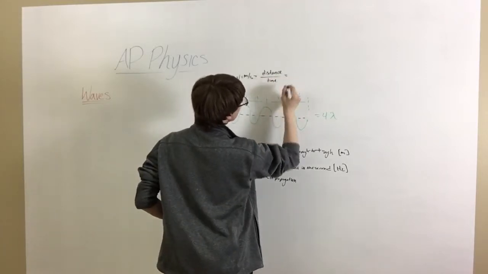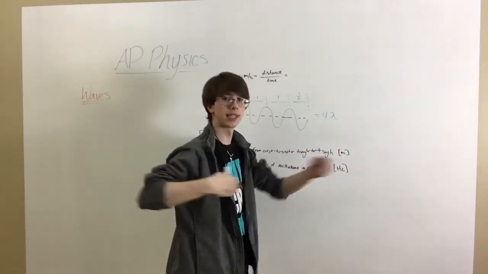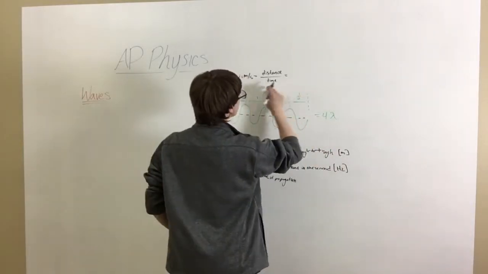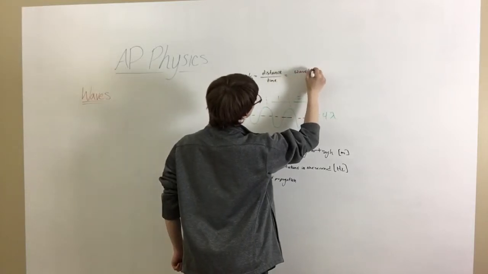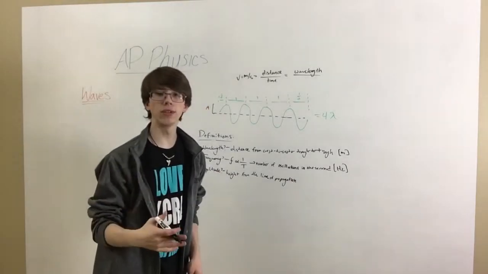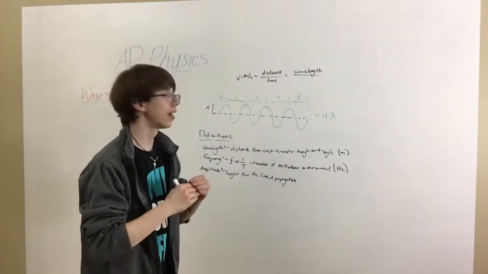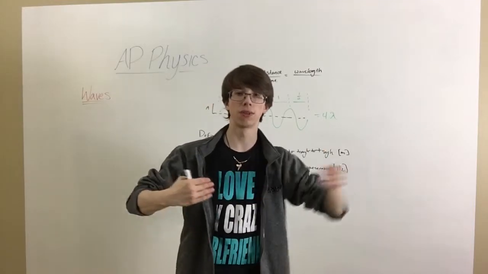Now, we know that distance is in fact wavelength, right? That's the length of the wave. And so wavelength in this case would be the distance. And what's our unit of time that we normally use to show how long it takes for something to pass over a certain amount of time?